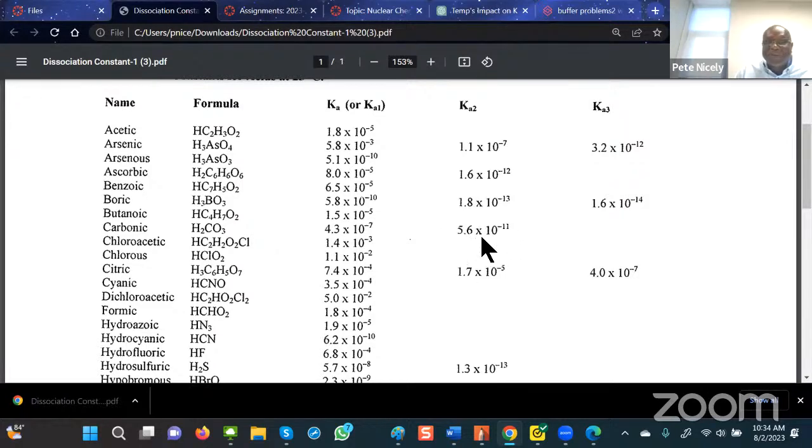So that's the one we're going to use because what we're looking at is the relationship between the bicarbonate and the carbonate. So the value that we're going to use is 5.6 times 10 to the minus 11.